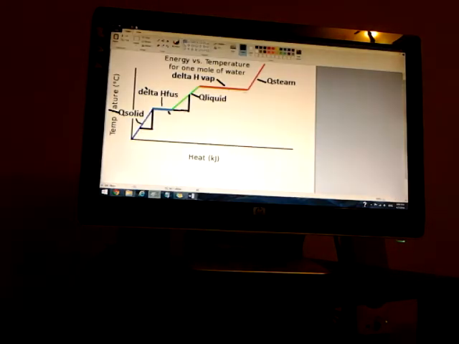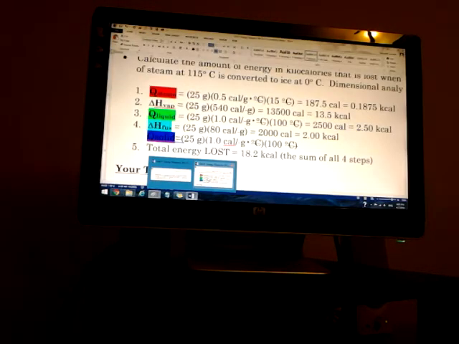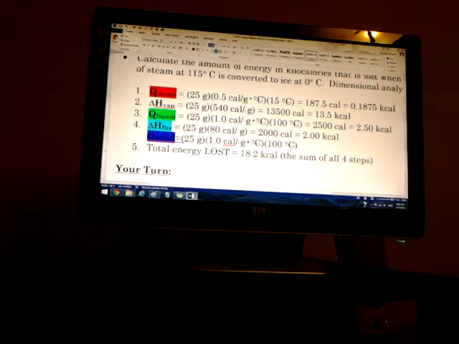Literally, the line is flat here. The molecules are just gaining enough energy to spread out, and they're becoming another phase, or they're becoming a solid, a liquid, a gas. And that's why there's no change in temperature. And because of that, there's going to be no need to use any temperature in your calculations.